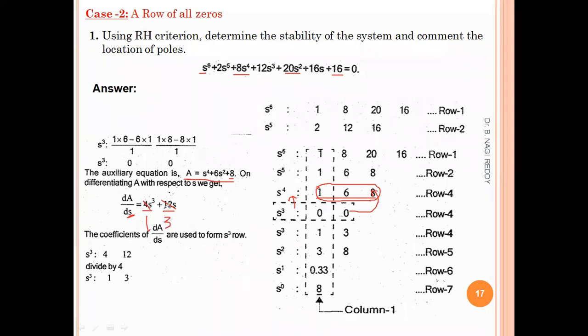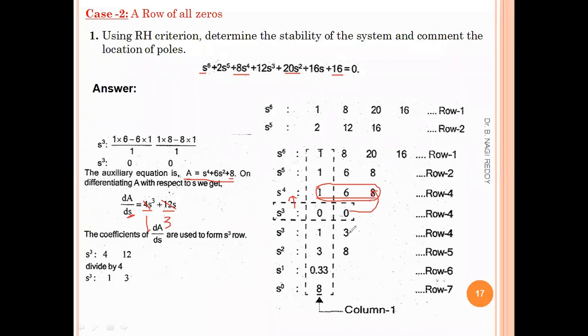So 1 and 3 are the s cube coefficients, and these s cube coefficients we got from this auxiliary equation. Previously the s cube row was 0 and 0. With the help of the auxiliary equation, we got s cube as 1 and 3 now.